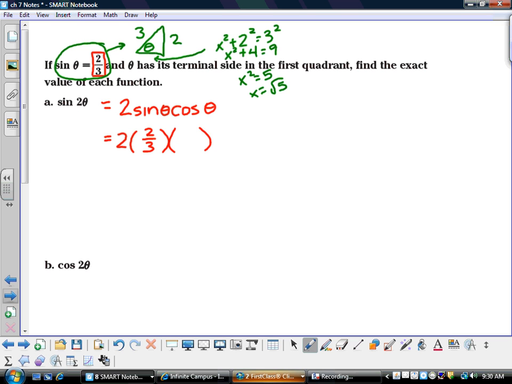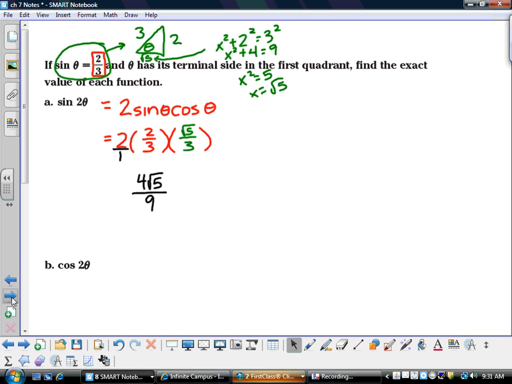That last side is the square root of 5. So the cosine, adjacent over hypotenuse, is square root of 5/3. Now I can multiply straight across. 2 times 2 times the square root of 5 is 4 times the square root of 5. 1 times 3 is 9.